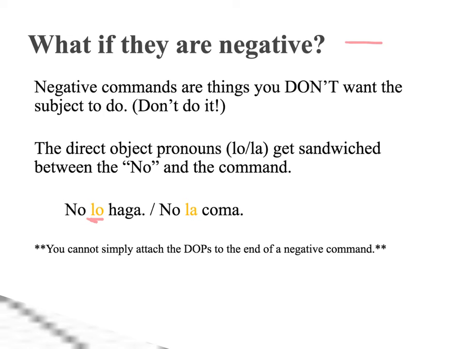And if there's a direct object pronoun in there, it comes between the no and the command. So for example, don't do it, no lo haga, the lo comes in between. Or don't eat it, no la coma, the la, the direct object pronoun, comes between the no and the command. Different from the positive commands, you cannot simply attach DOPs to the end of a negative command.